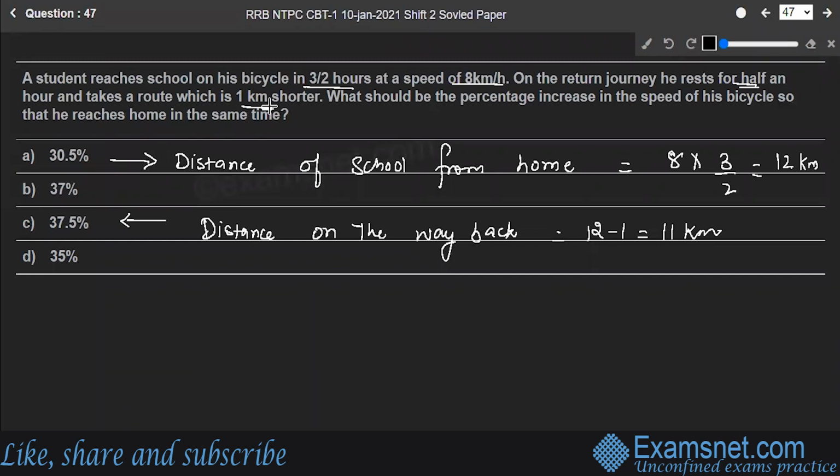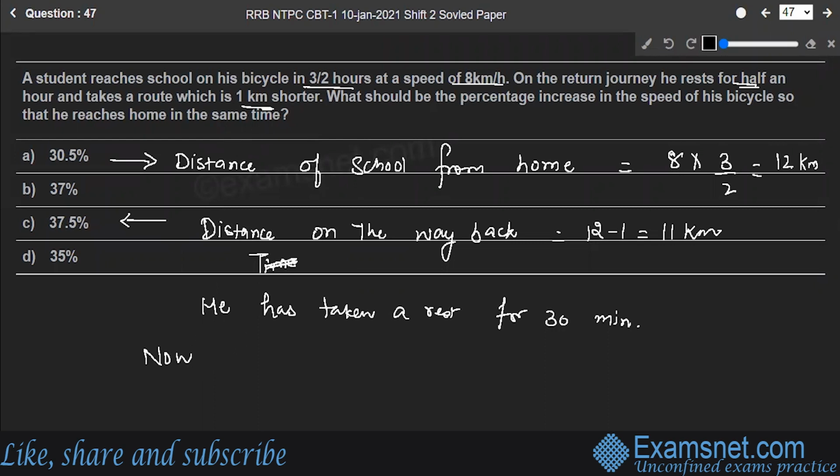So now what will be the time? He rests for half an hour. So he has taken a rest for 30 minutes, so that means this is not included in the time now.